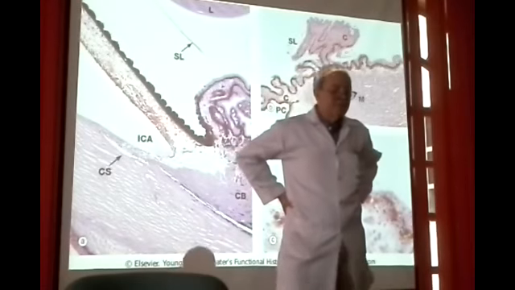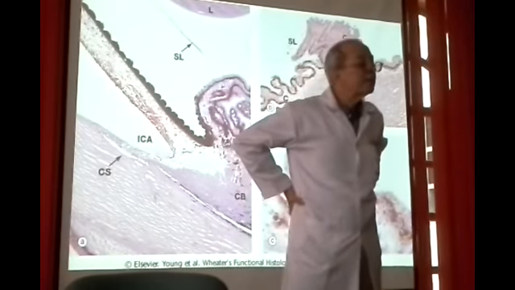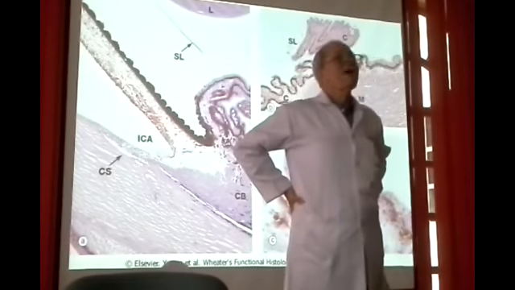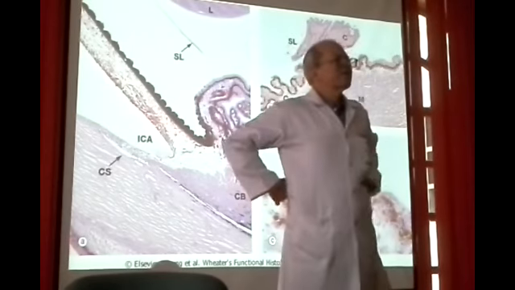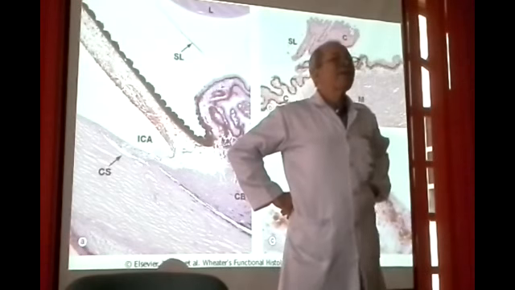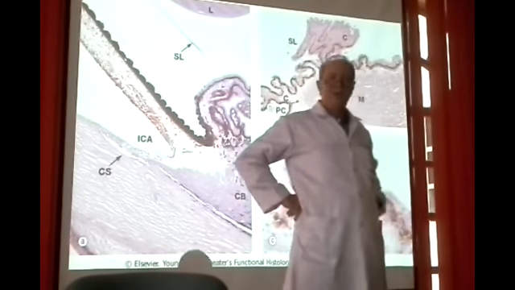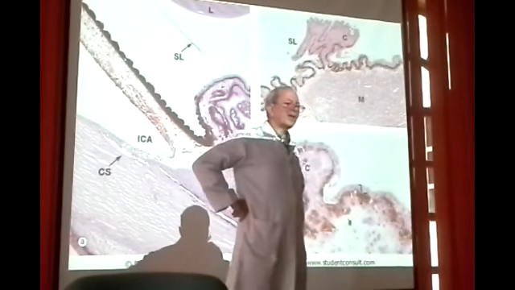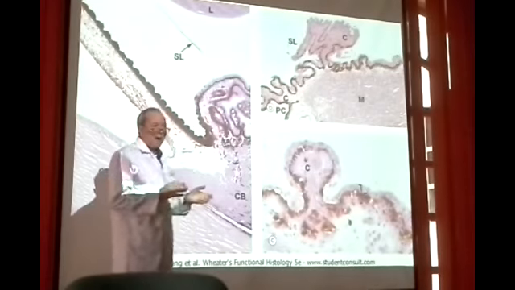Vascular, pigmented, connective tissue, containing smooth muscle. What is the type of this muscle? Smooth muscle. Present in how many directions? Three directions. Okay? Radial, meridional, and circular muscle.